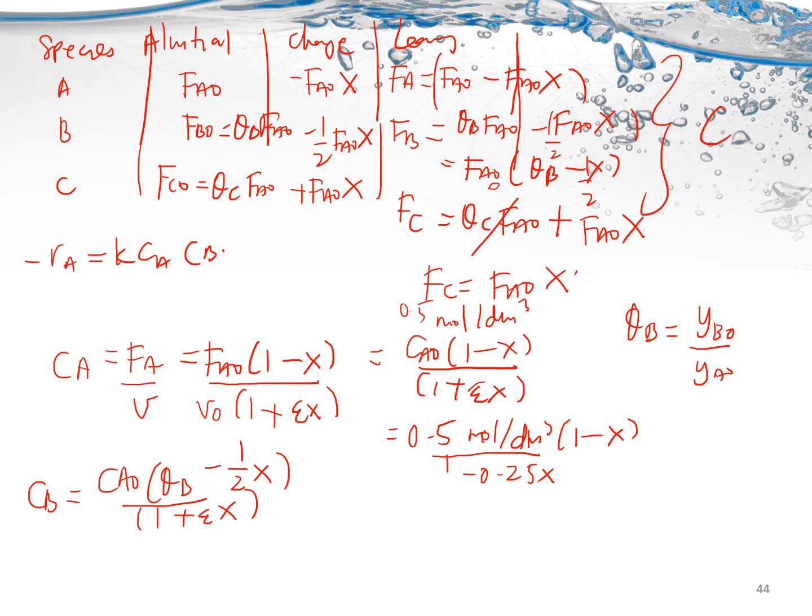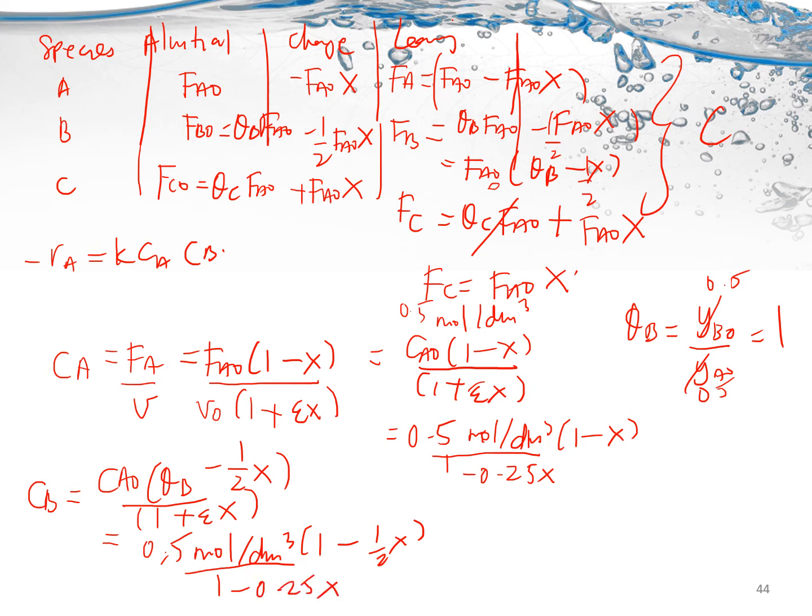This is equimolar, 0.5 and 0.5, so the value is equal to 1. Substituting, you will have 0.5 mole per decimeter cube times 1 minus half X, over 1 minus 0.25 X for the epsilon.